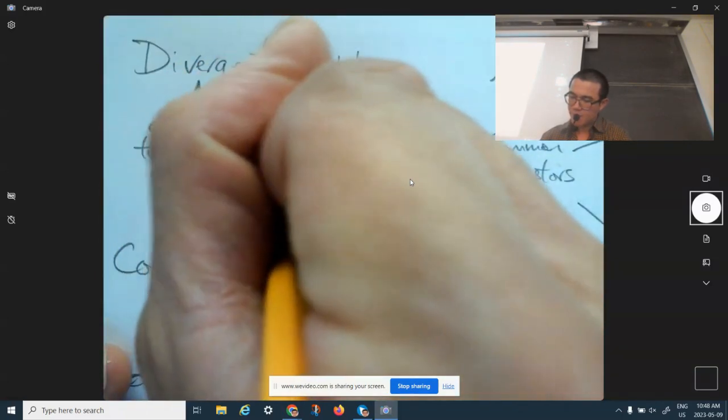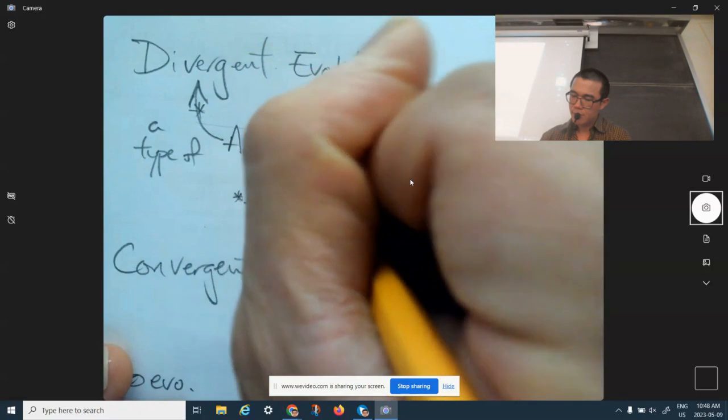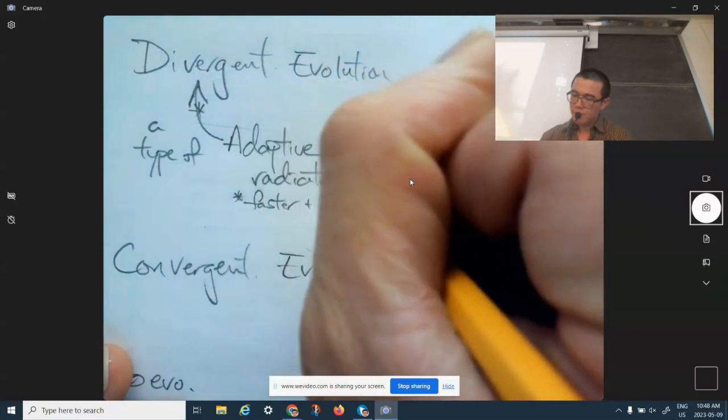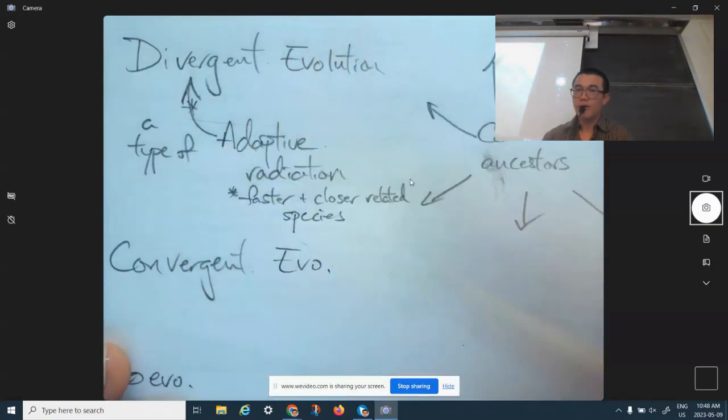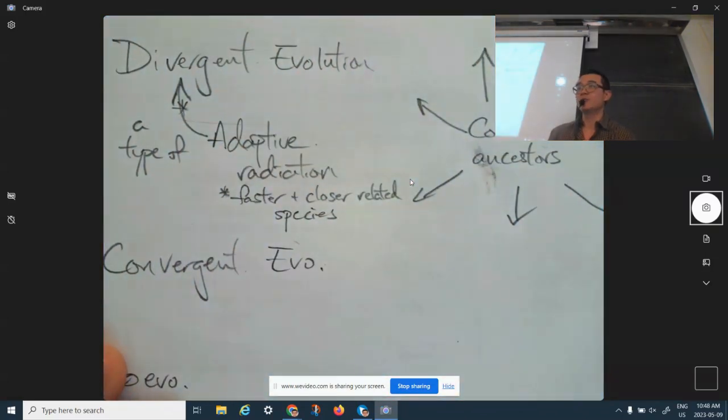Whereas in divergent evolution, you get to see things like humans, bats, and whales, and horses. They're very different species. Are we good so far?